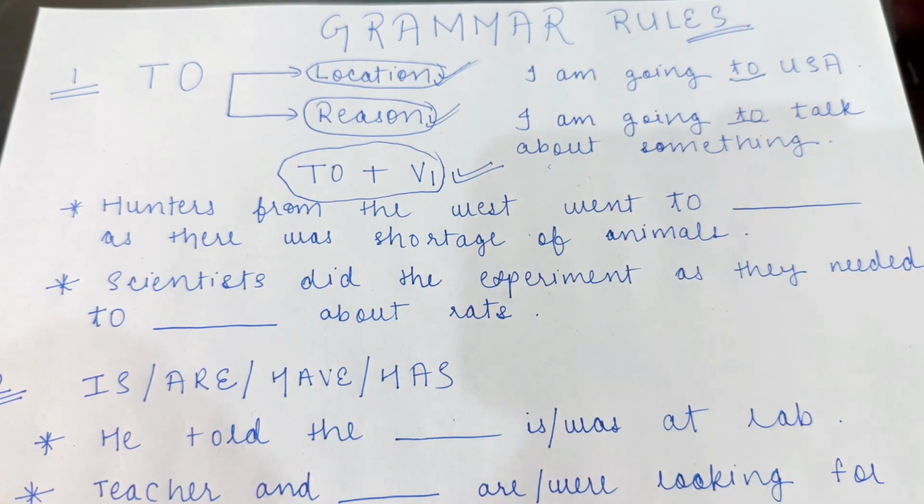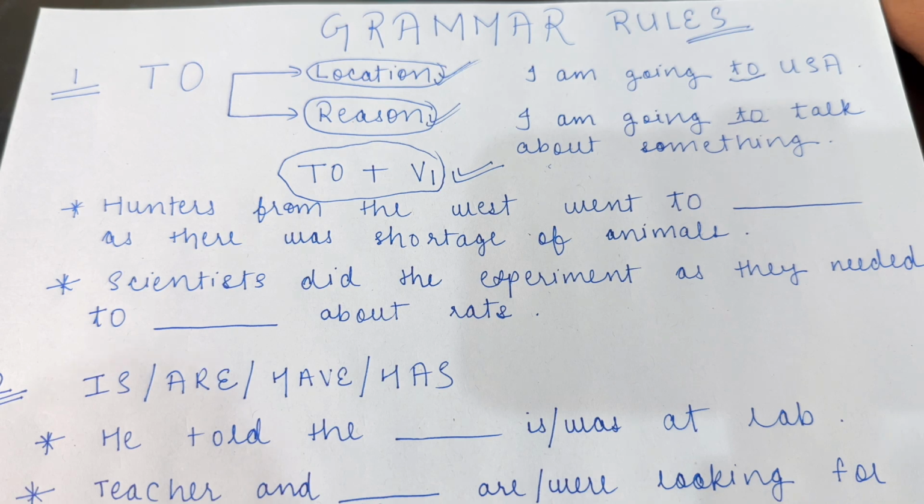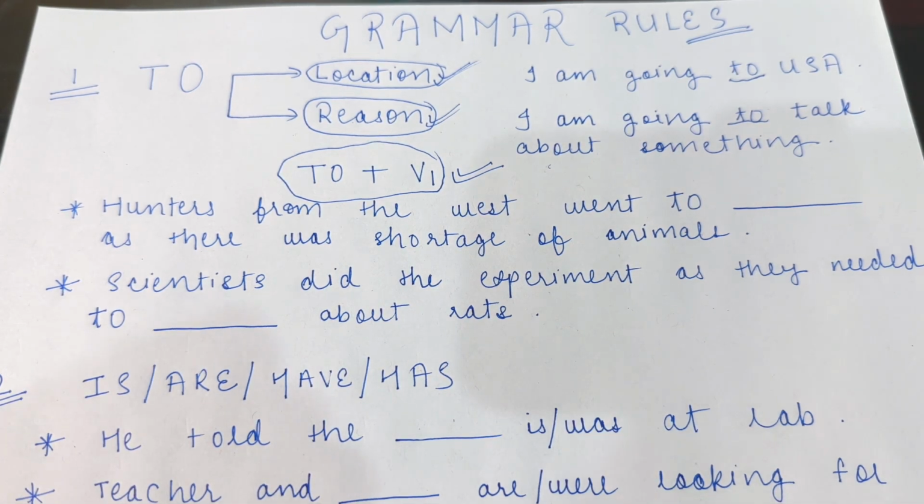You will use only and only the first form of the verb because this is the rule. There is no explanation behind why it is like this, but you have to use it like this. You can never see verb first form plus ing or verb second form after "to". Always it is used as the verb's first form.